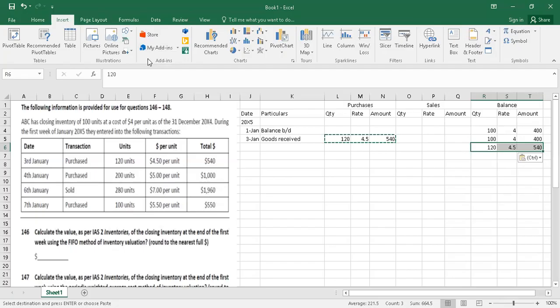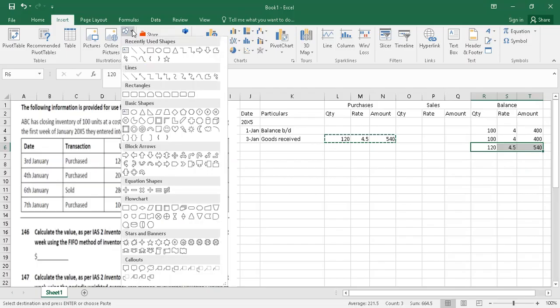Where are shapes? Where do we find shapes? These are shapes. Okay. I'll put a flower bracket to indicate that this is one set.